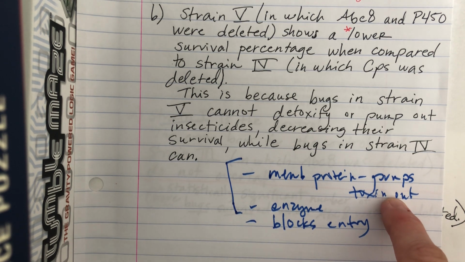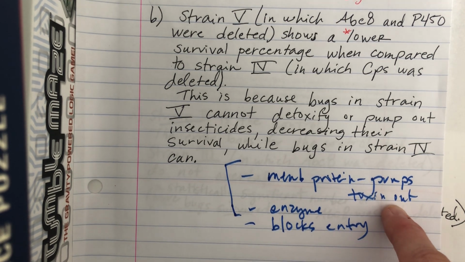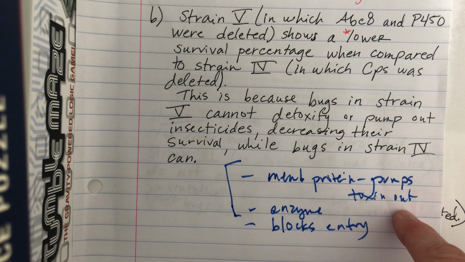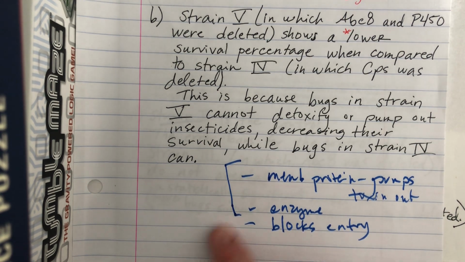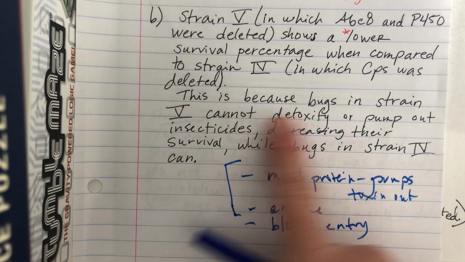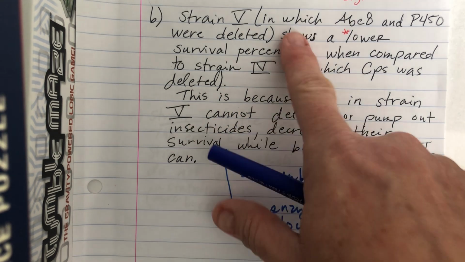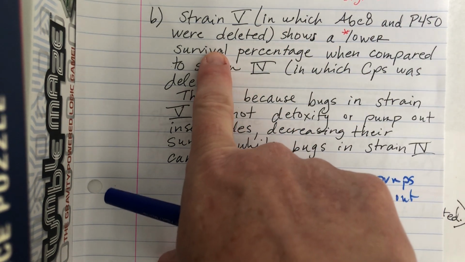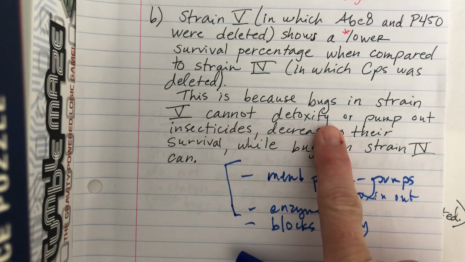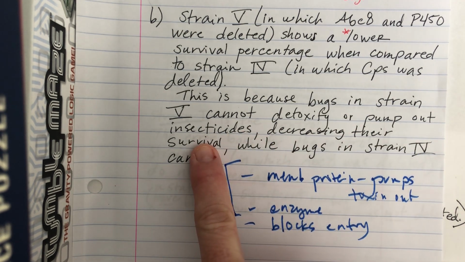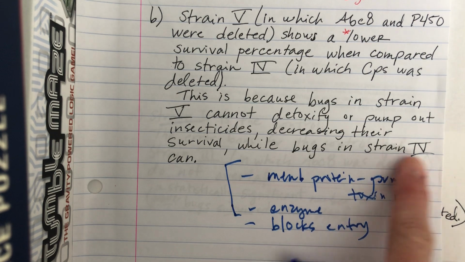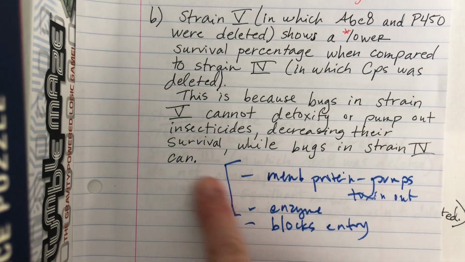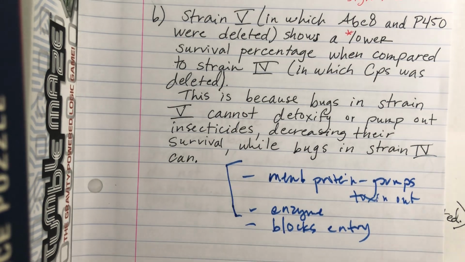And so that was tempting, but the answer doesn't come in describing the function of those, and I feel like that was tricky. The answer just comes by saying bugs in strain 5, the ones in which those 2 genes were deleted, can't do what the genes would allow them to do, while bugs in strain 4 can do it. So simpler than maybe you thought.